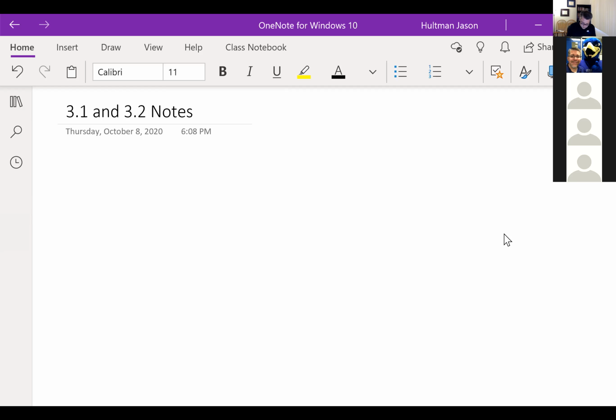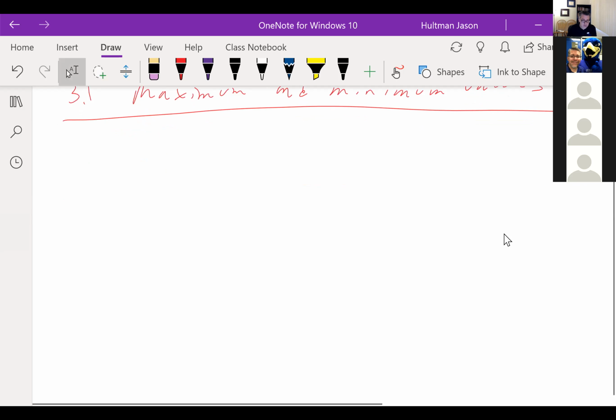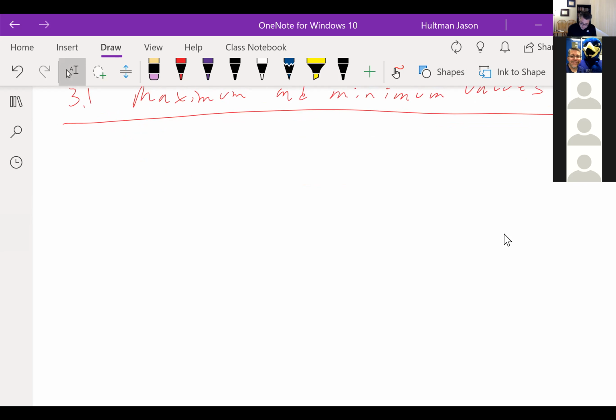Okay. 3.1, maximum and minimum values. Okay, let's look at increasing and decreasing functions.